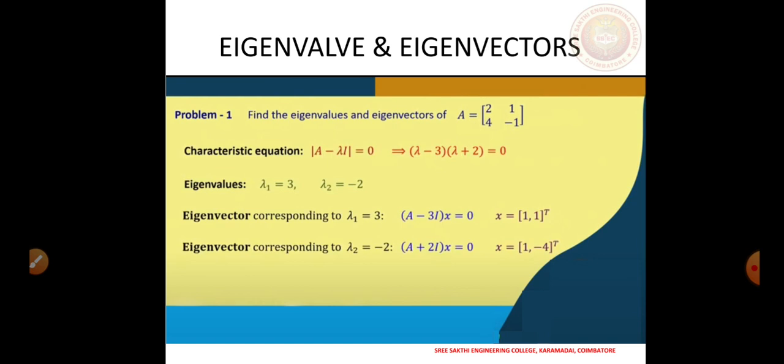Now the eigenvector corresponding to each. First let us take lambda 1 equal to 3.